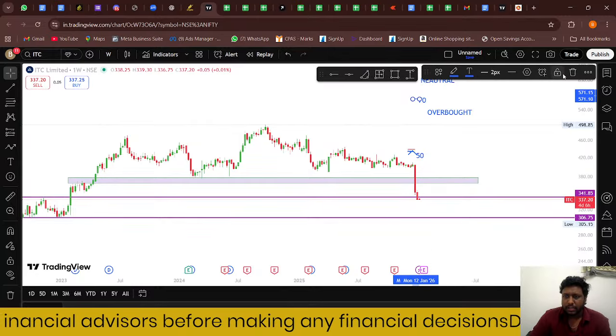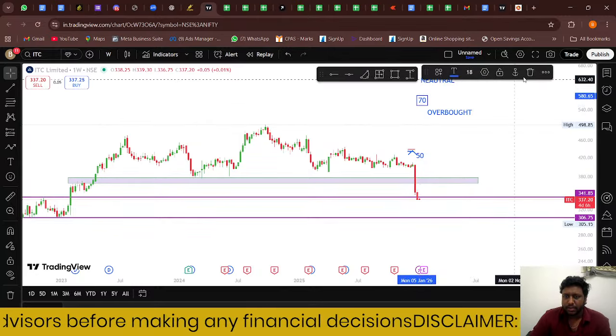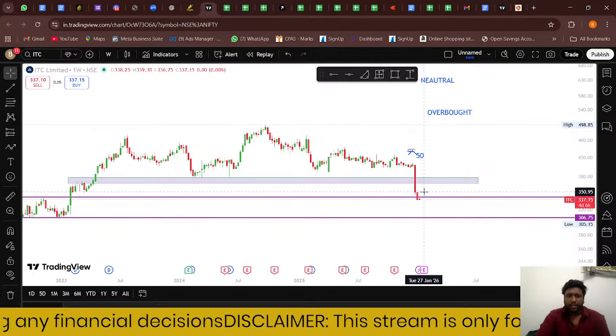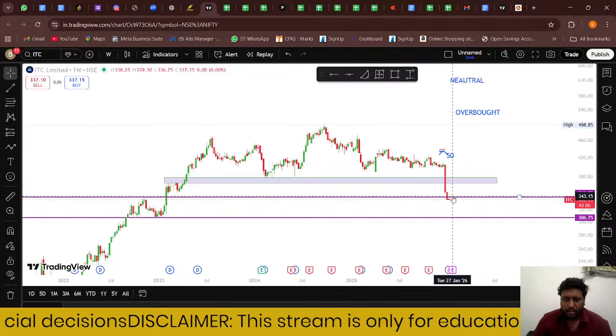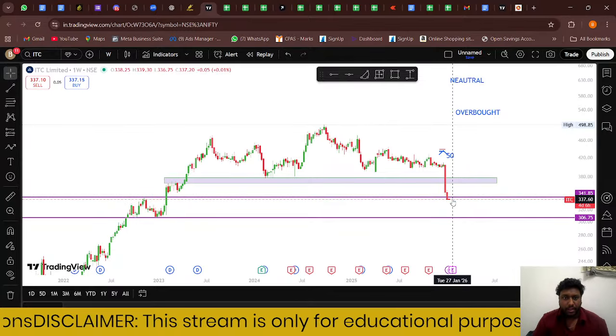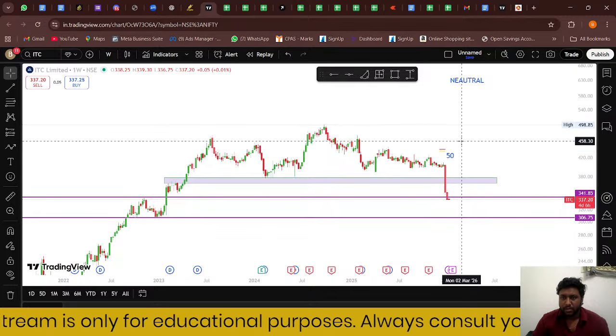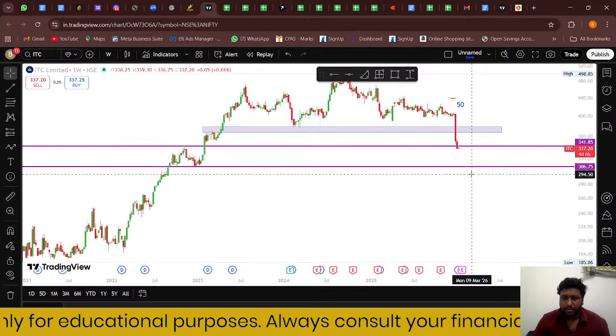Somebody was asking about ITC over the last few days. I suggested that if it is breaking down below this level, then there is no point in holding it as of now. And if we are holding a huge load, then definitely average-down possibilities are there down to this particular level.